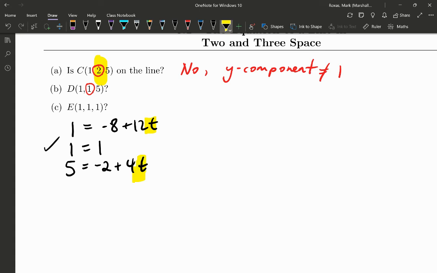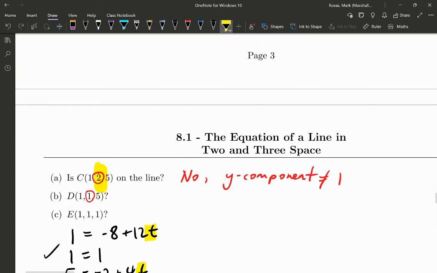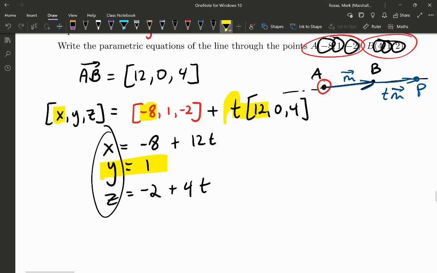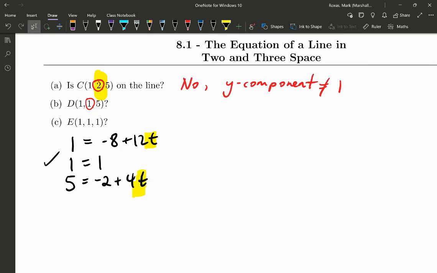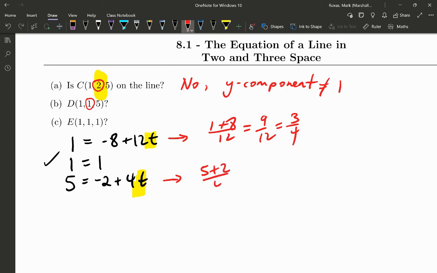Because that parameter t has to be the same. In the vector equation, there's only one t, and that applies for all 3 components. So that t has to apply to both the x and z component. So if I solve for t for the first one, I get 1 plus 8 over 12, which is 9 over 12, which is 3 over 4. If I solve for t in the second one, I get 5 plus 2 over 4, which is 7 over 4, which is not the same.